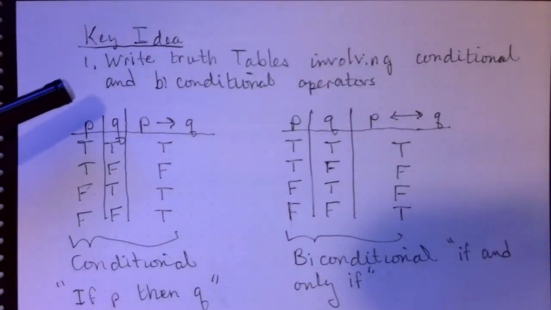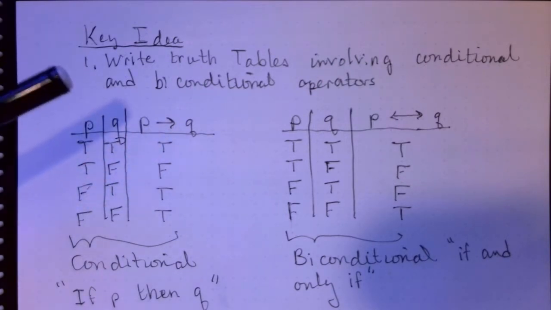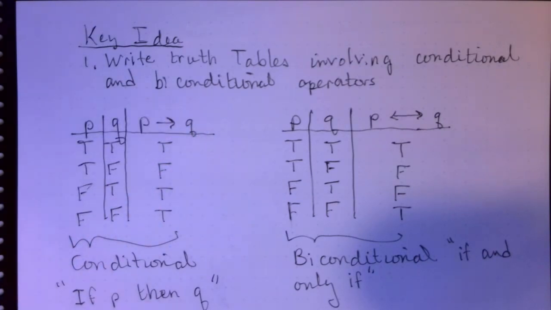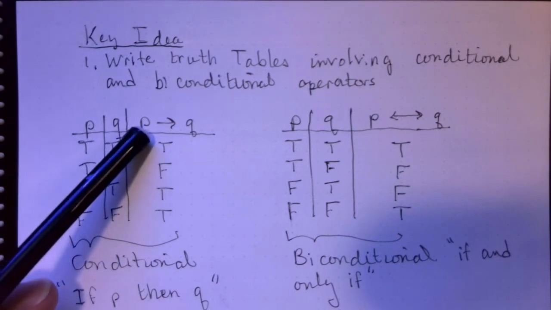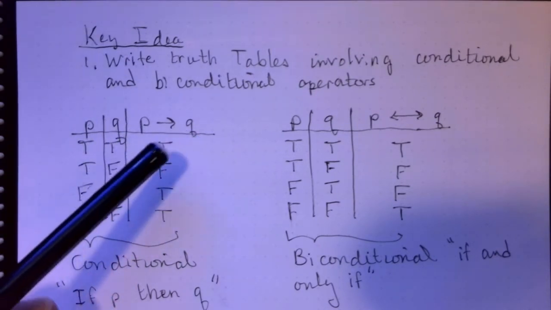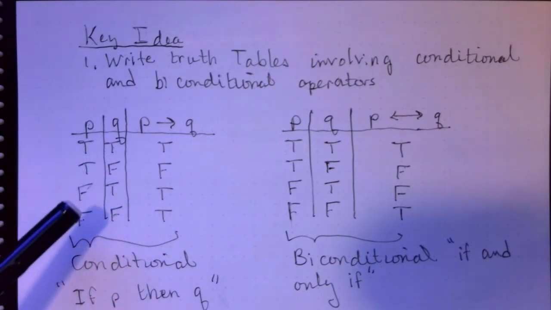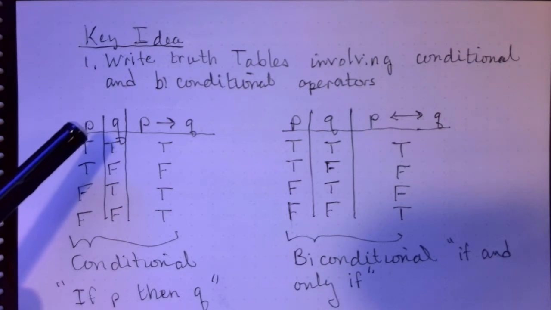Okay, so the key idea for this video, after you're done watching it, you should be able to write truth tables that involve conditional and biconditional operators. These are the basic truth tables that you need to memorize. This is how the conditional operator works. You have the antecedent, you have the consequent. And the truth value of the conditional statement depends on the truth value of the component parts.